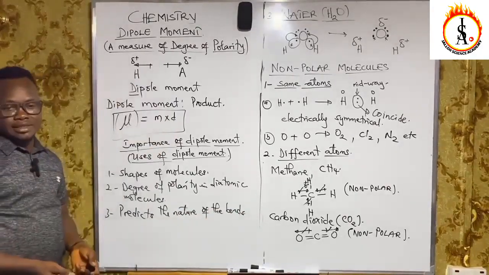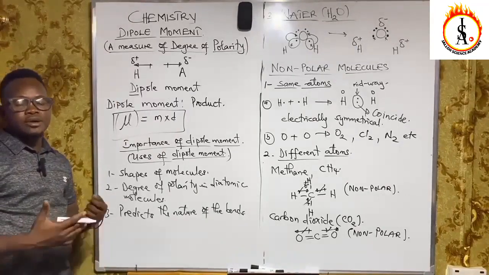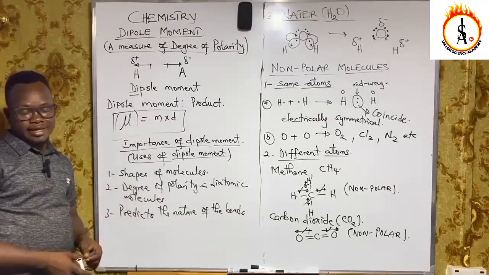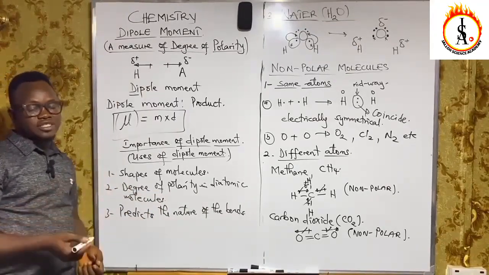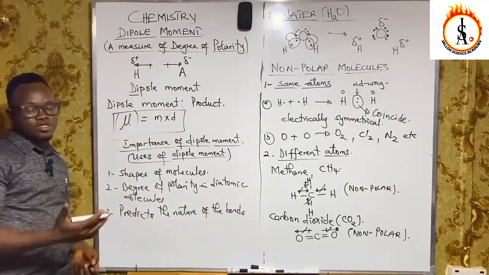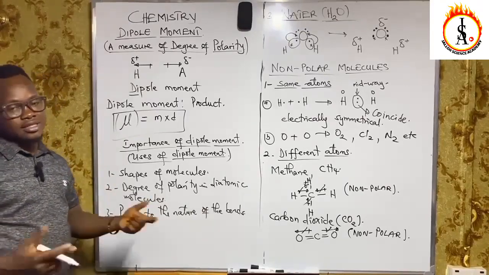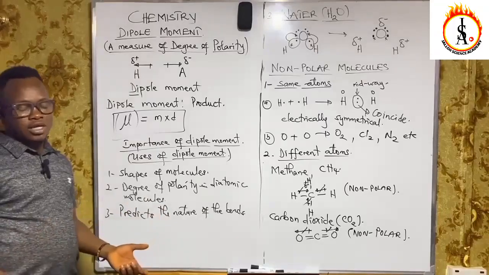And then we'll know that the bond will be more polar if the electronegativity difference between them is very high. So if you have a high electronegativity difference, that tells you the bond formed is going to be more polar. But if the electronegativity difference is small, then the bond formed will be less polar.